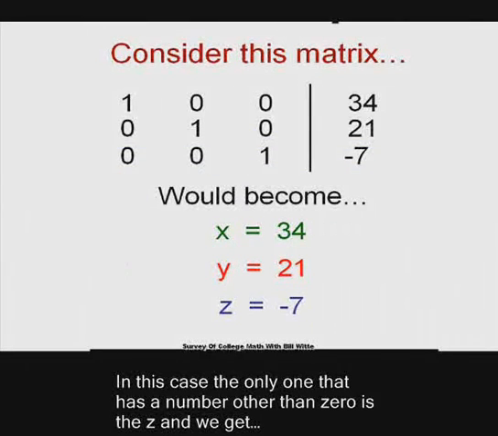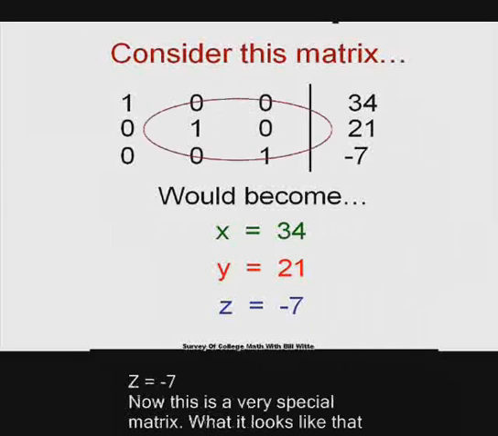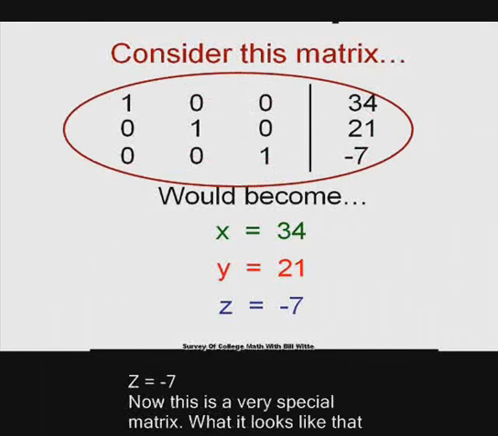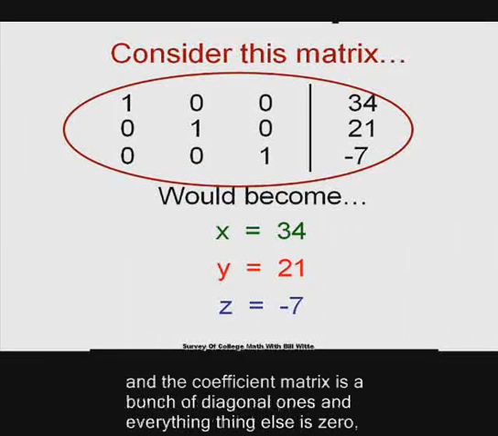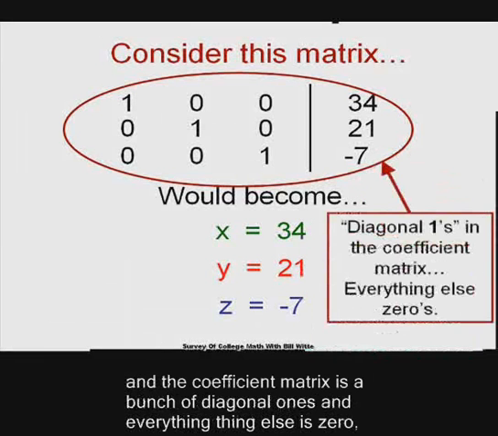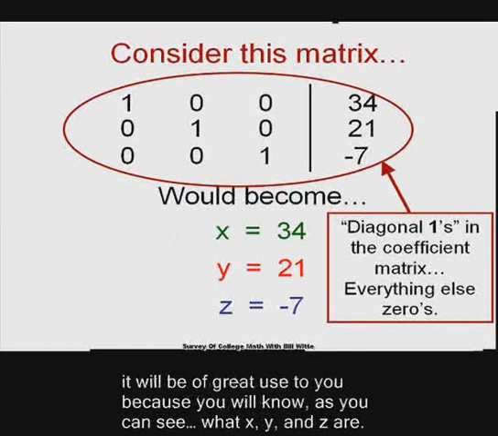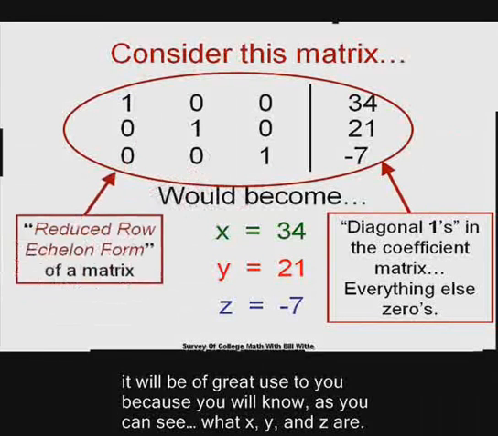Now, this is a very special matrix. When it looks like that, and the coefficient matrix is a bunch of diagonal 1s and everything else 0, it's going to be of great use because you're going to know, as you can see, what x, y, and z are.